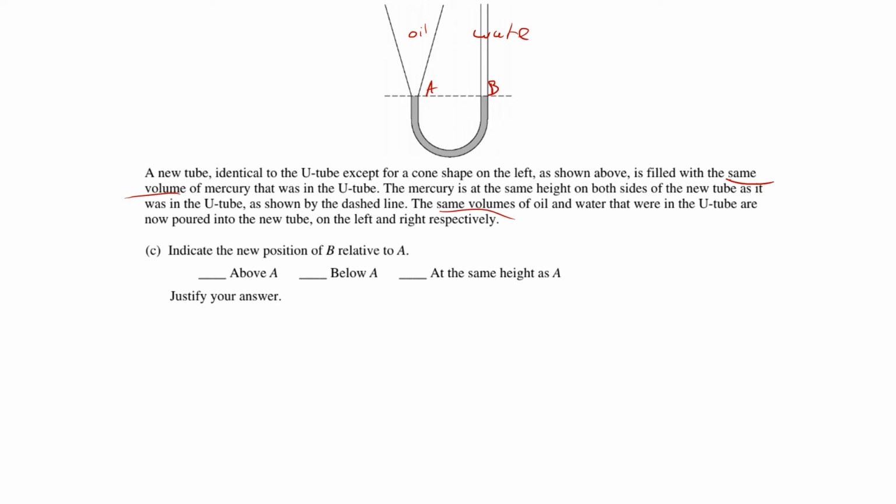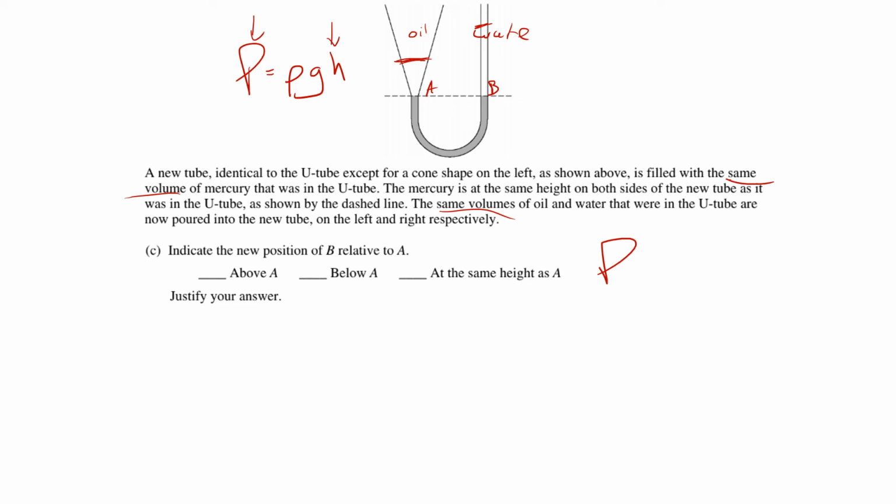So looking at B, is B going to be up, down, or the same? Now remember, it depends on pressure like we talked about before. This side is going to be identical. Since this side's wider, with the same volume, it's going to be shorter. Since it's shorter, and remember, pressure is calculated by rho g h, h went down, so pressure went down.